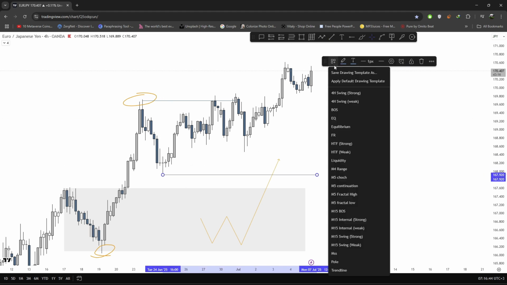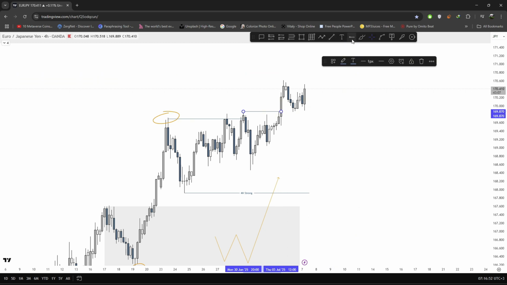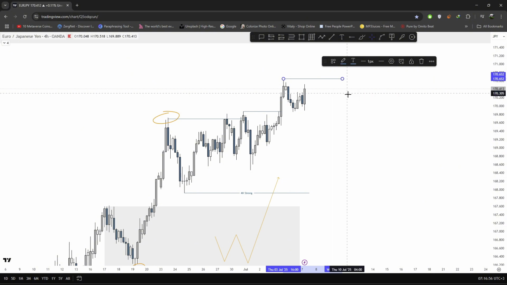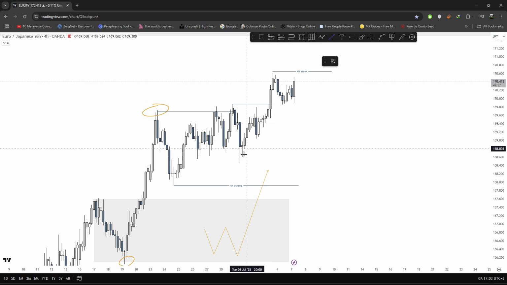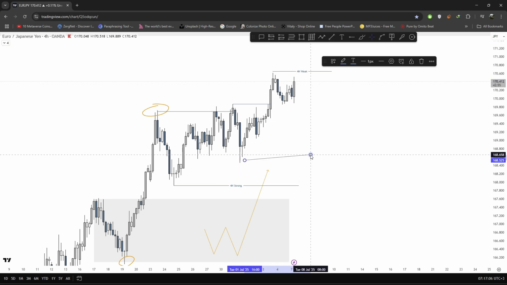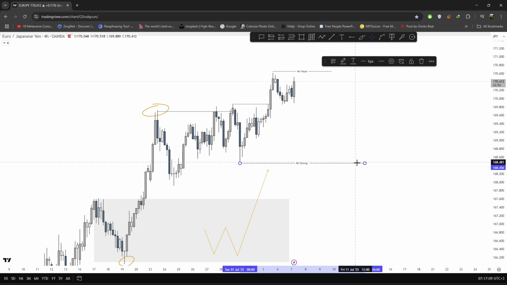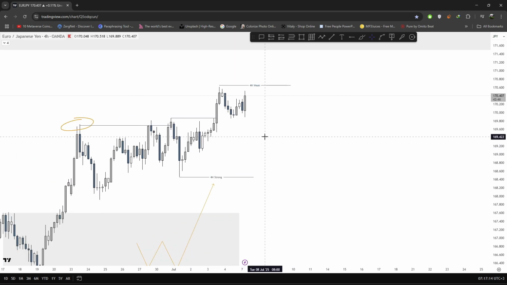We have our strong high right there, so we broke there, and then we did break here. Apologies, weak. We can wait to see how price reacts, at least today. Then we can just say that we are continuing with that bullish bias.